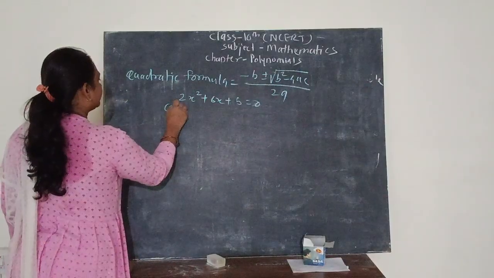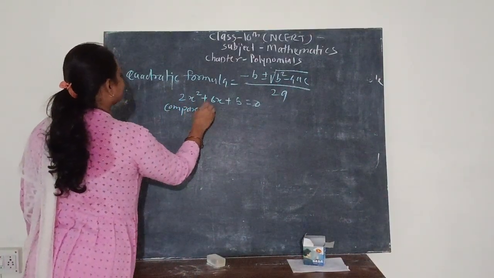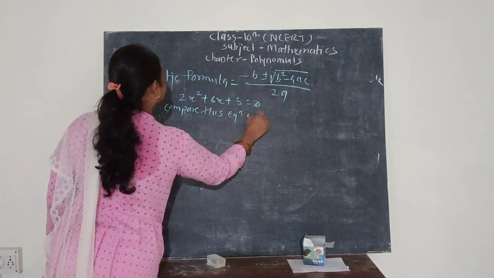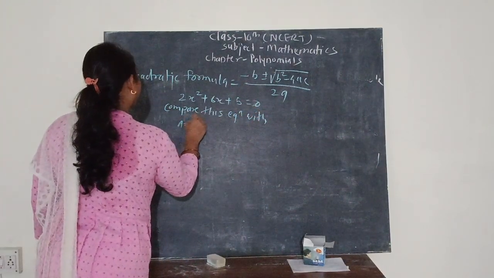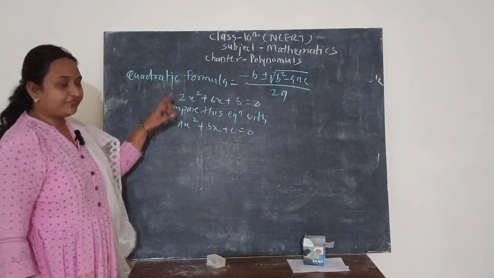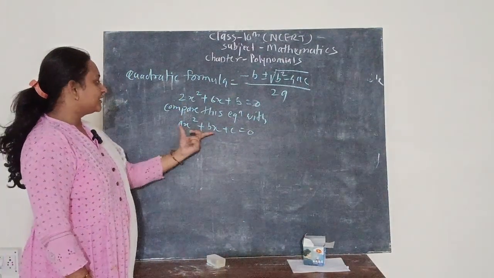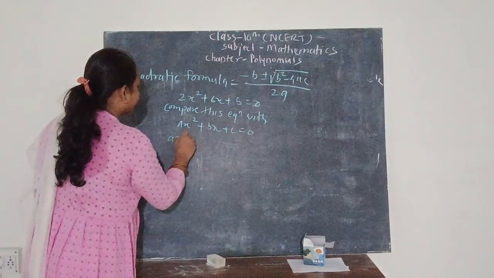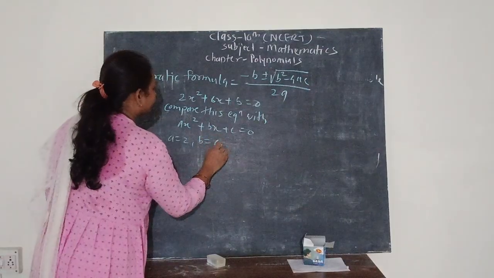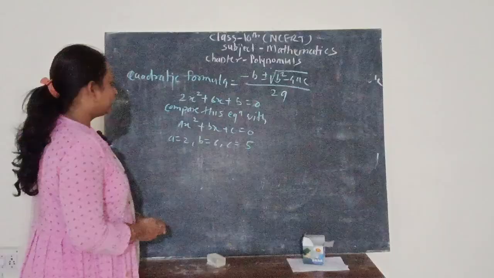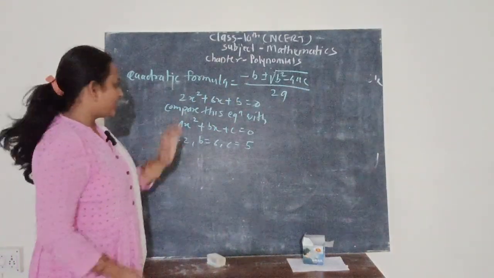Compare this equation with ax square plus bx plus c is equal to 0. If we compare, we get a is equal to 2, b is equal to 6 and c is equal to 5. Then we can find the value of x by this formula.